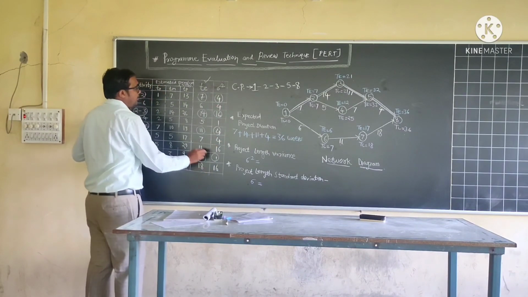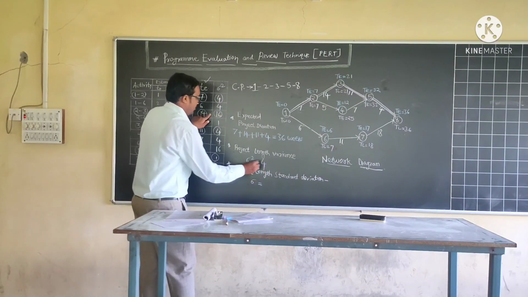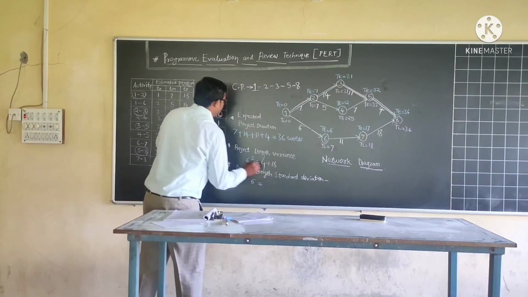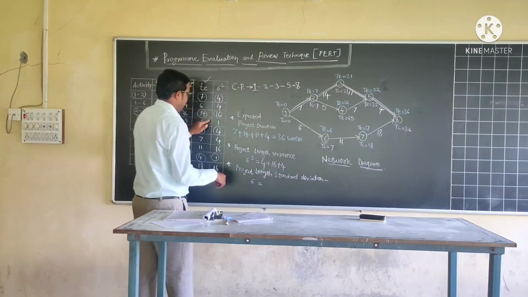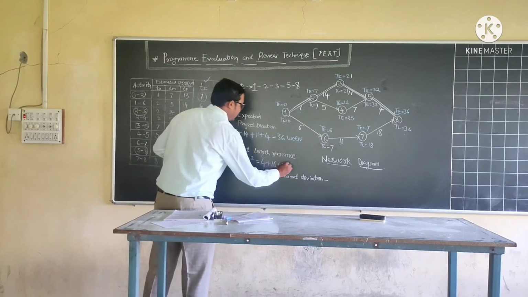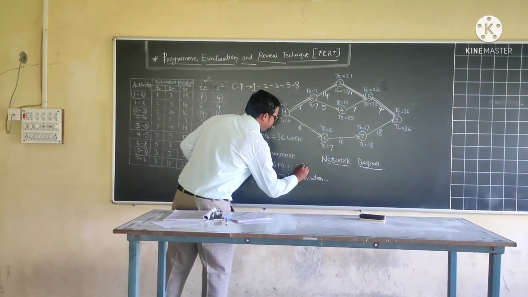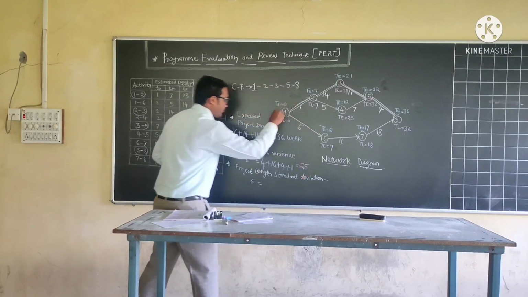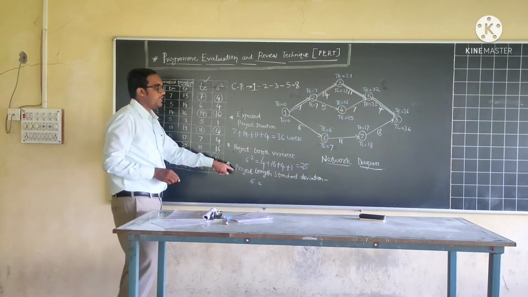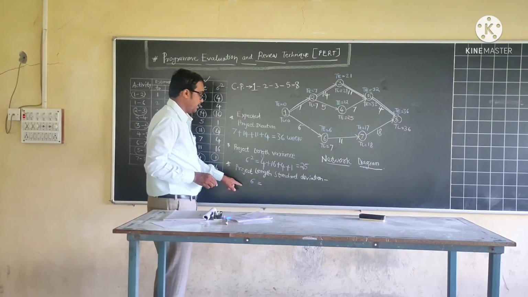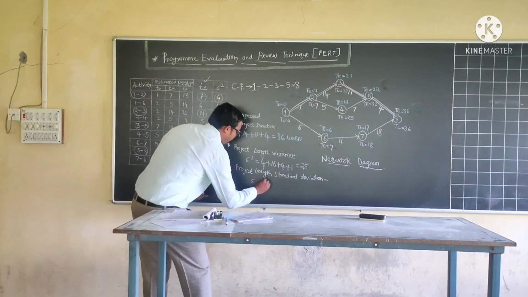Make addition of all these sigma square values. 4 plus 16 plus 4 plus 1. Total 25. Okay, and similarly you can calculate project length standard deviation sigma. So sigma square is equal to 25, therefore sigma is equal to 5.